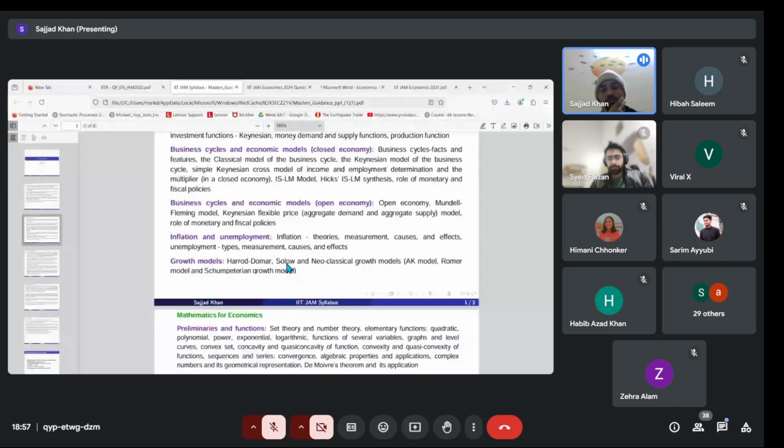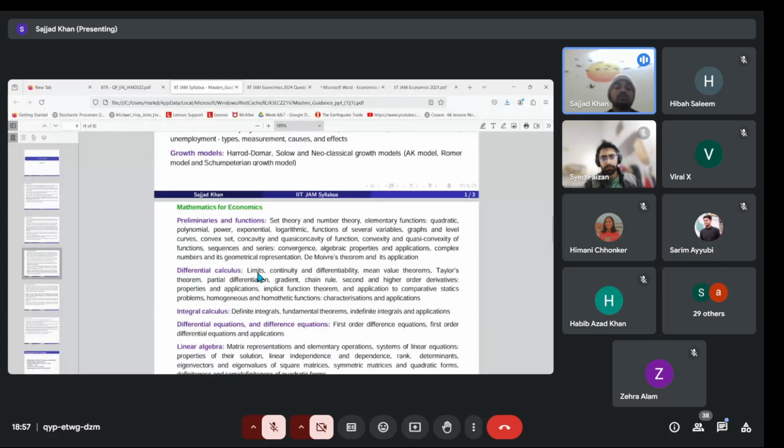The Solow model is the most important model in this case. And then it will be good if you get an overview of the new growth models like the AK model, Romer model, and Schumpeter model. If you have taken development economics, you have gone through models like the AK model and Romer model. But apart from this, in new classical economics, the Schumpeter model is the most important because it is based on innovation.